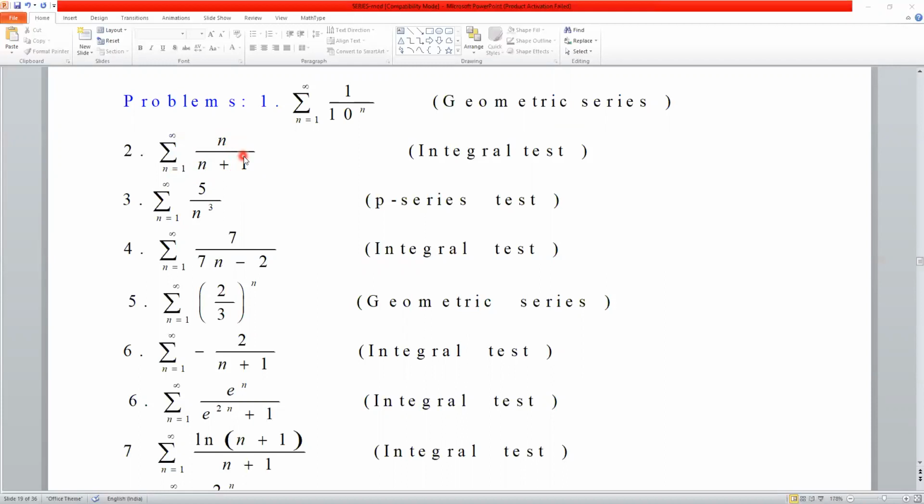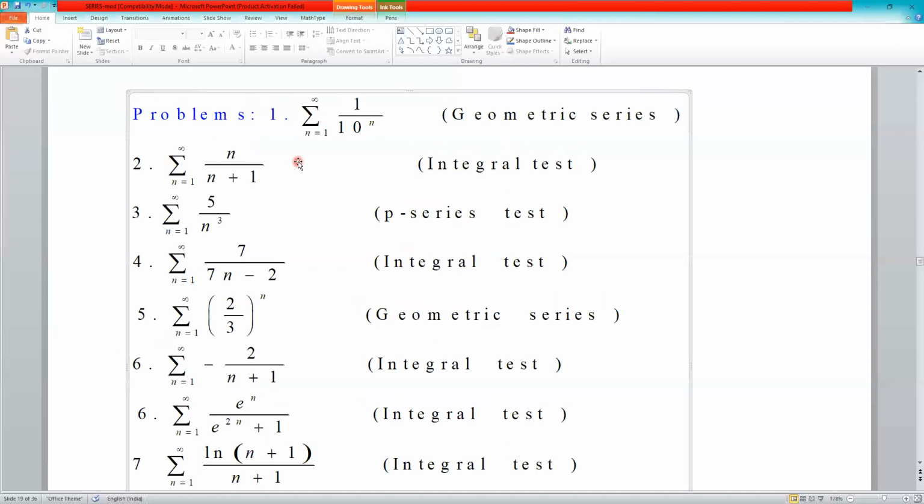We can write the function f of x is equal to x by x plus 1. This function is bounded for all x greater than or equal to 1. It is a continuous function, and moreover a decreasing function.